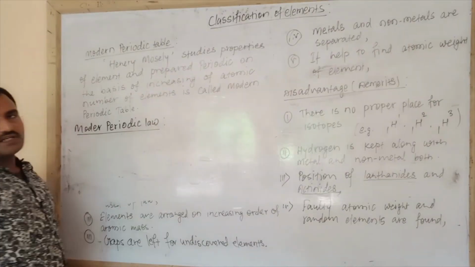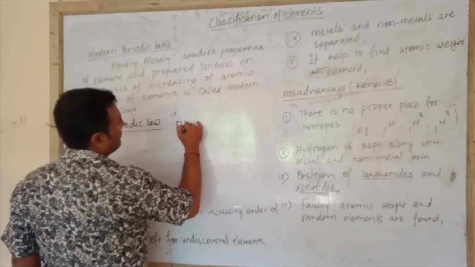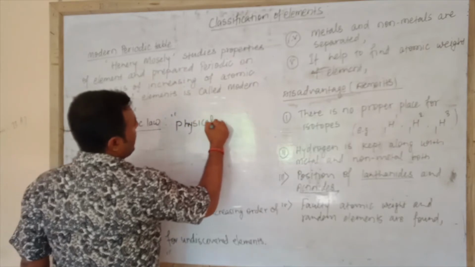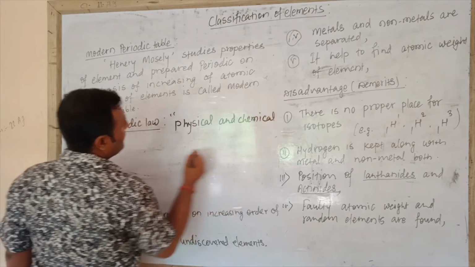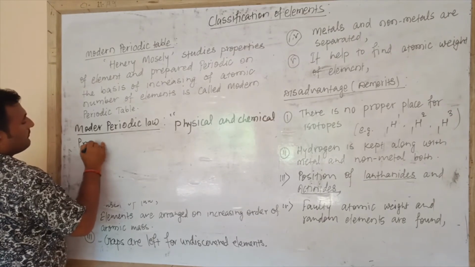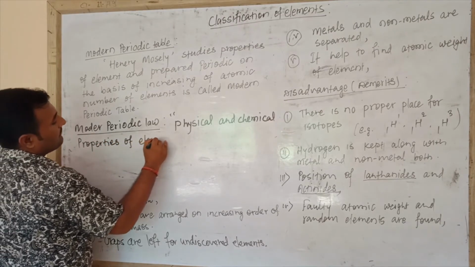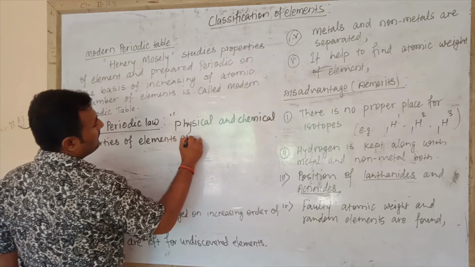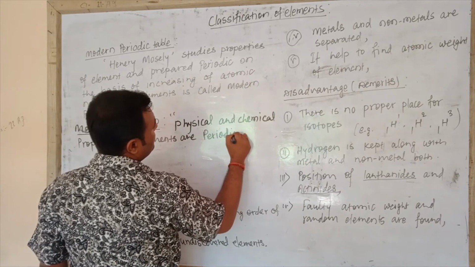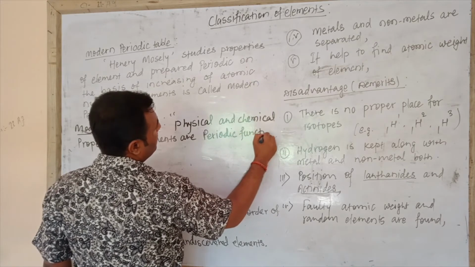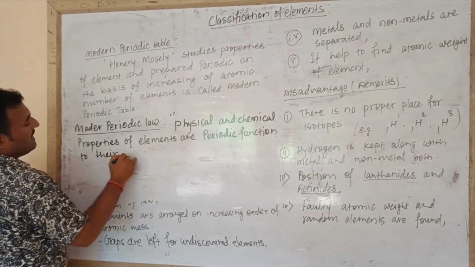The modern periodic law states that physical and chemical properties of elements are a periodic function of their atomic number.